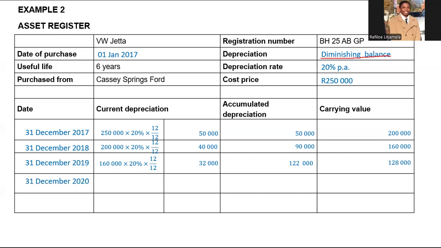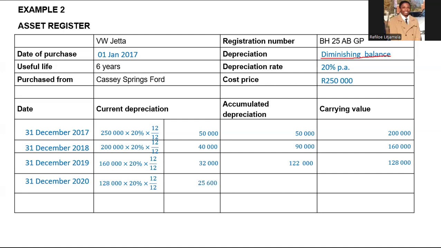You will take carrying value from the previous year, which is 128,000, and multiply it by the depreciation rate of 20% times 12 over 12, which will give you 25,600.